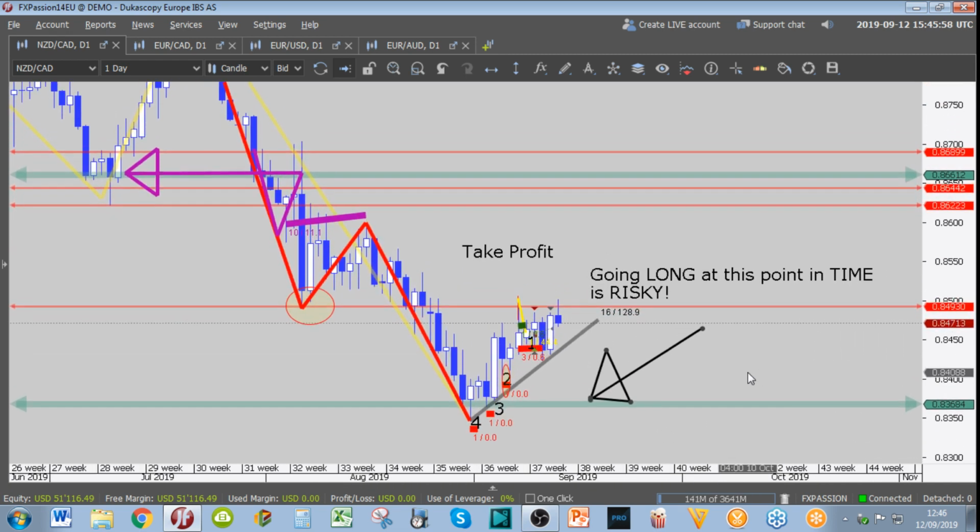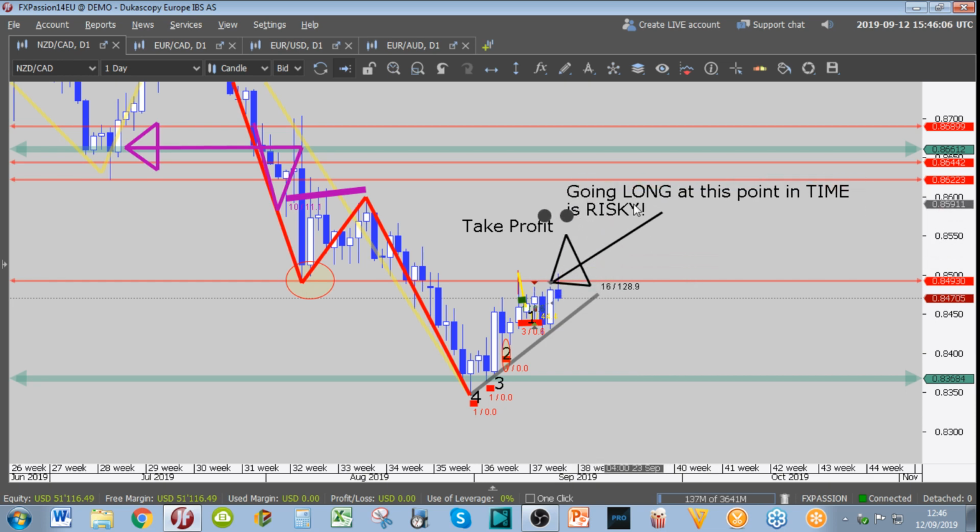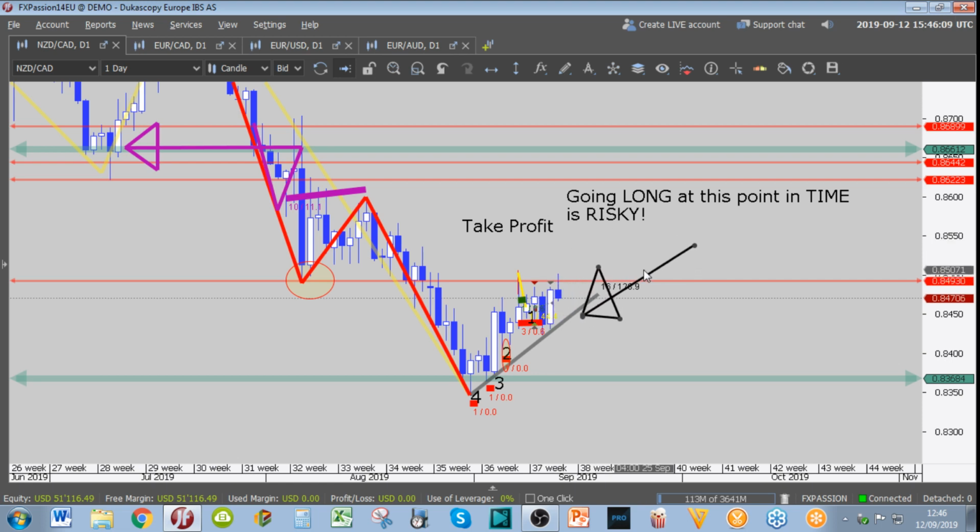So when you're talking about probabilities and chances, there is a great chance, and of course at this point in time it's a speculation, because we don't have a counter trend line break, we don't have a bearish candlestick formation, we don't have the market making lower lows, lower highs. Agreed? But it's still risky to go long because we hit the wall. Because when the market hits the wall, 80% of the time it responds and it's going to fall.